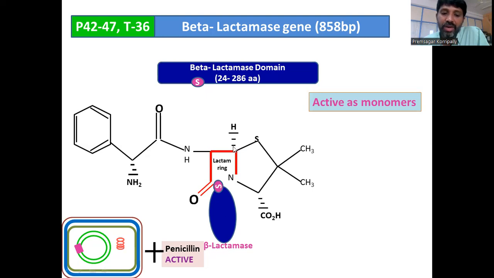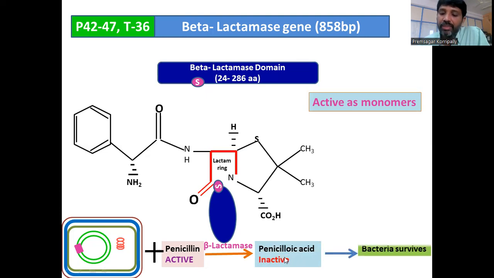That beta-lactamase can hydrolyze the amide bond of penicillin and convert it into penicillinic acid, which is an inactive form, and then the bacteria survives. This is how bacteria escape the penicillin action so that it can synthesize its own bacterial cell wall.